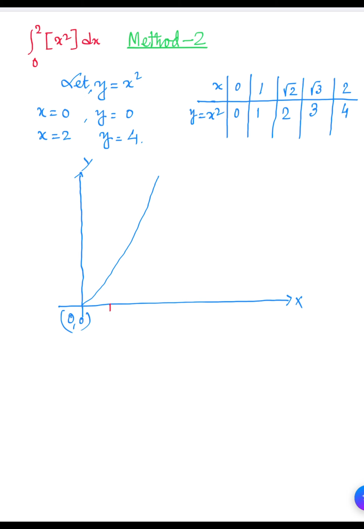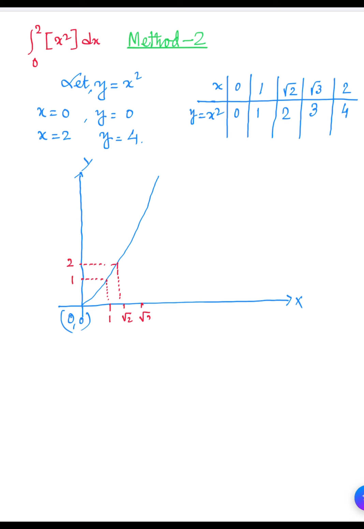When x is 1, y is 1. When x is root 2, y is 2.